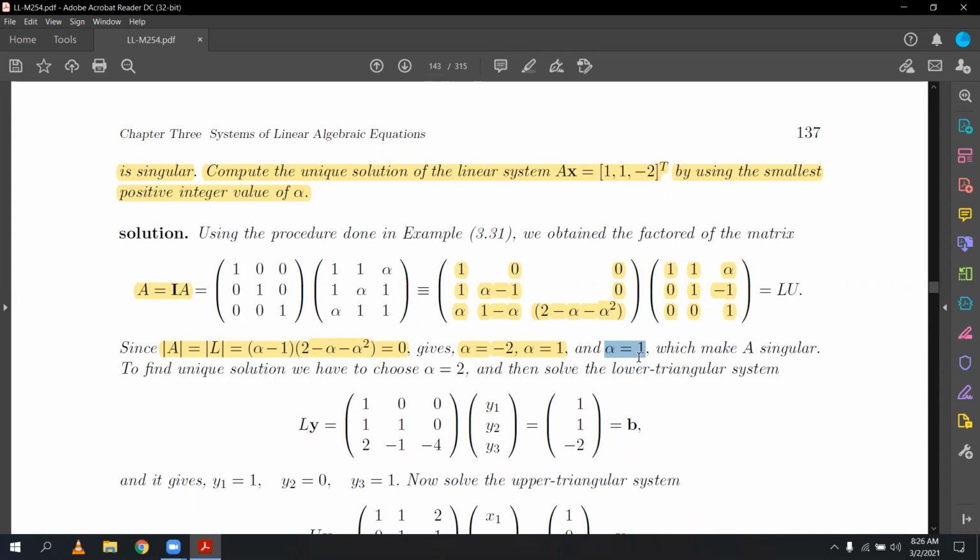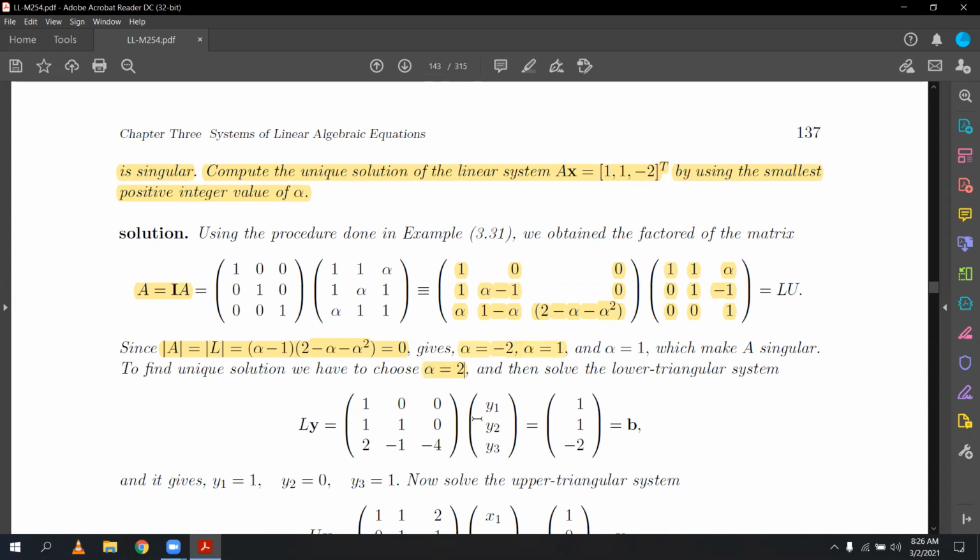Now, what is the second part of the question? He says, compute the unique solution by using the smallest positive integer. So which smallest positive integer will you choose? Because this makes you a problem, we have to use the very next smallest positive integer, which is equal to what? The 2.